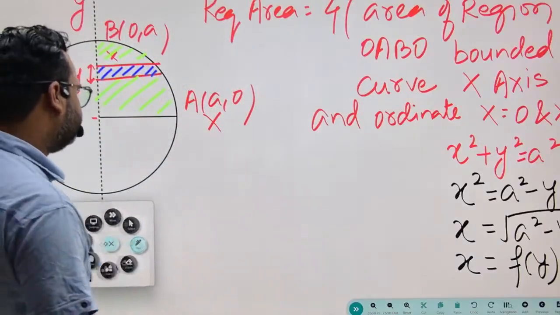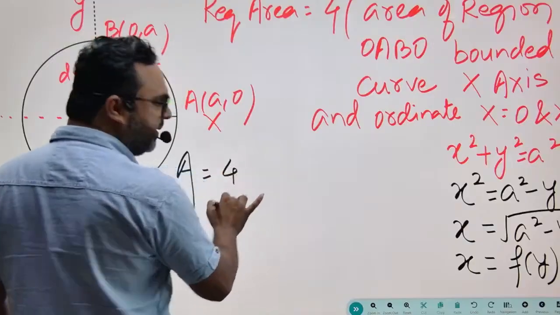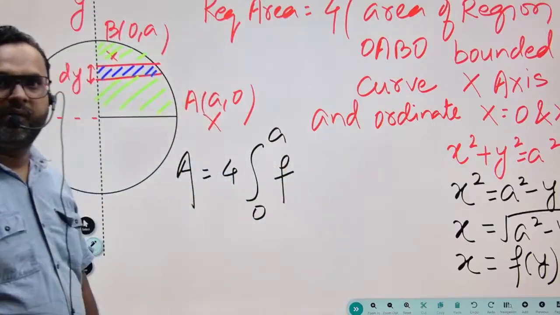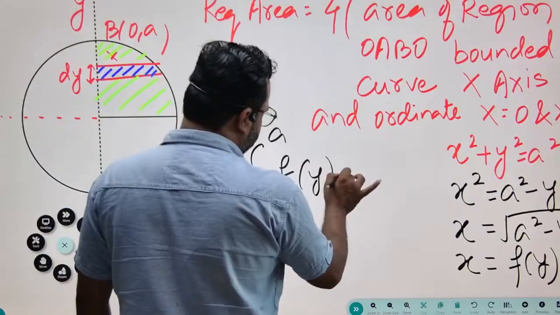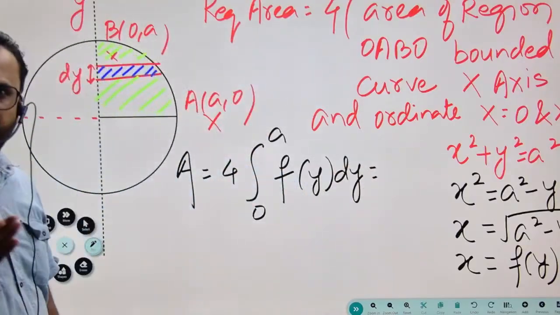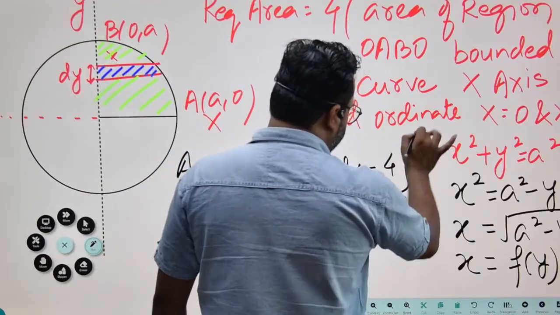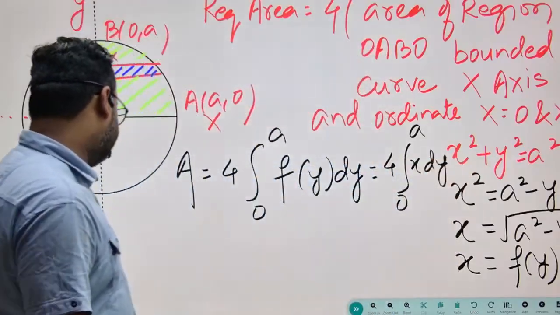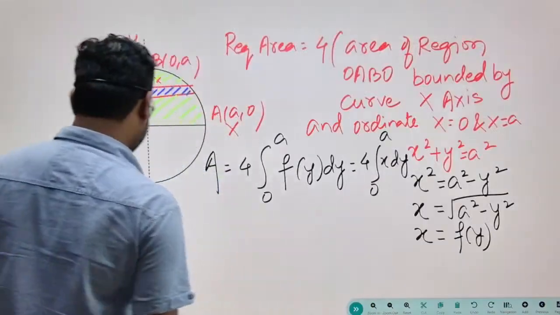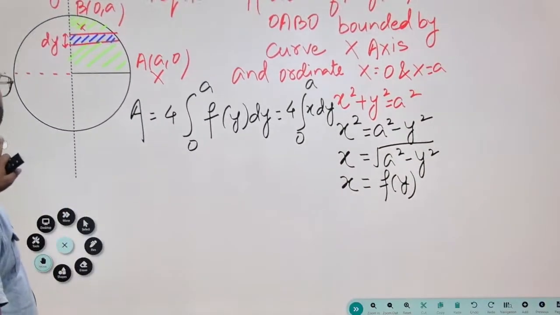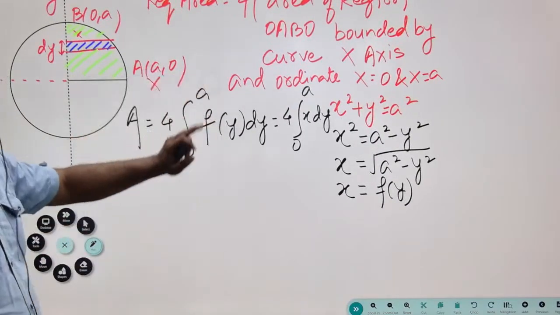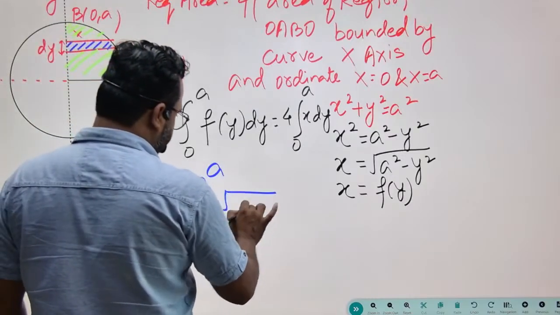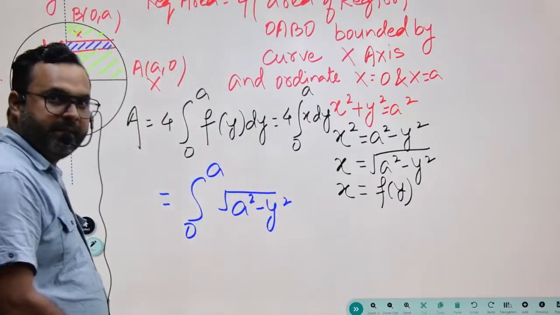Clear? So the area is equal to 4 times the integral from 0 to a of f(y) dy, that is 4 times the integral from 0 to a of x dy, which is root of a square minus y square dy.